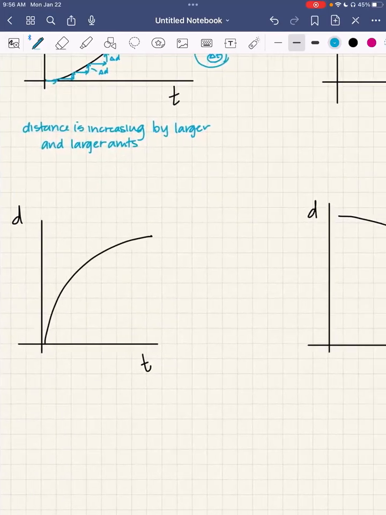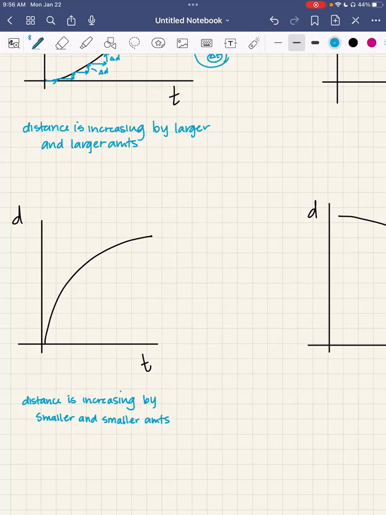So for this next one down here, for every second that passes, we'd still be saying that our distance is increasing. But in this situation, we'd say by smaller and smaller amounts. Oops, totally forgot a word. And smaller amounts. So the distance is still increasing, right? Like if you were at a stoplight and the light turned green and you started traveling, your distance is still increasing.